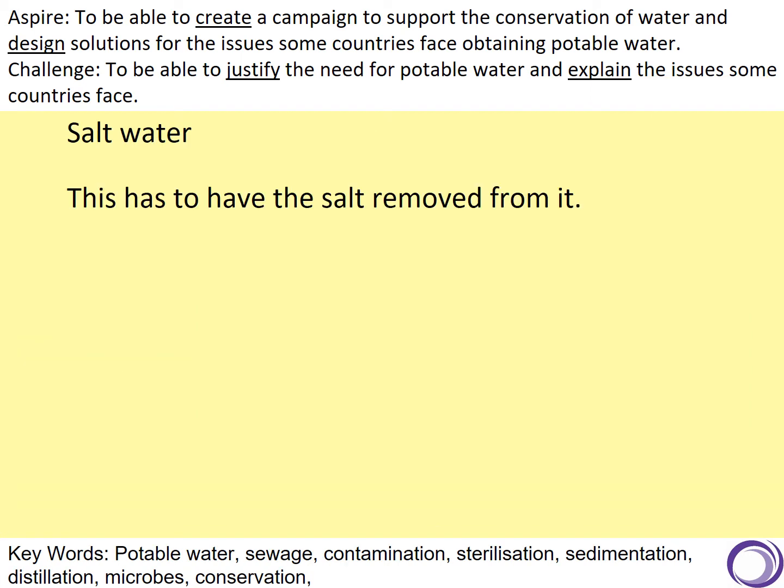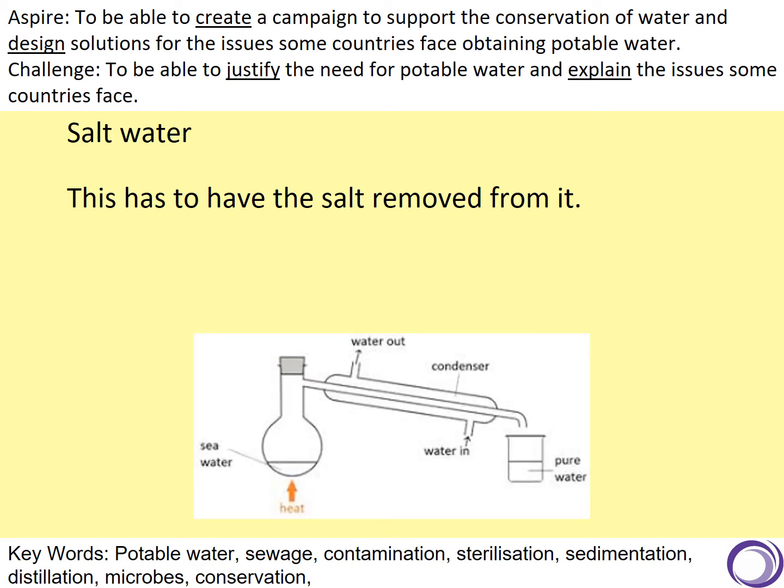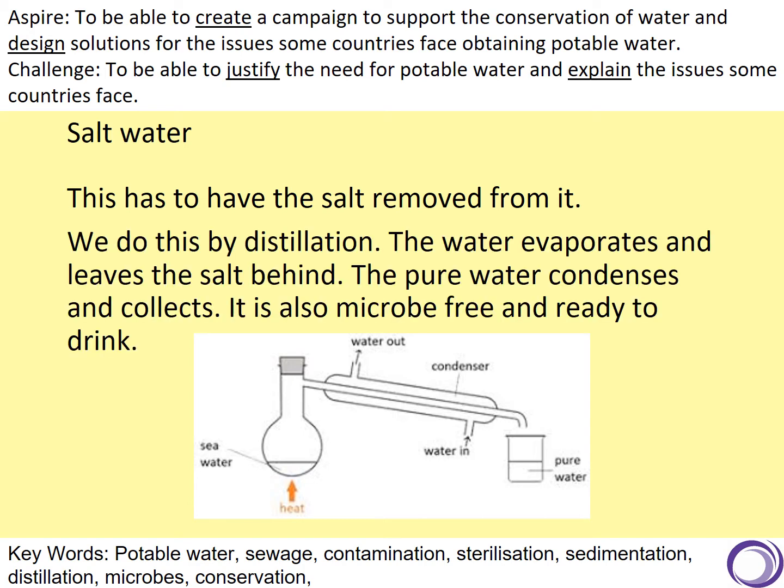So when we look at salt water, it has to have the salt removed from it in order to make it potable. And you will recognise this equipment from experiments that you have seen earlier on. This is the process of distillation. Now, in distillation, what we do is we heat up our salt water, and because it has a lower boiling point than the salt, the water evaporates and leaves the salt behind in the round bottom flask.